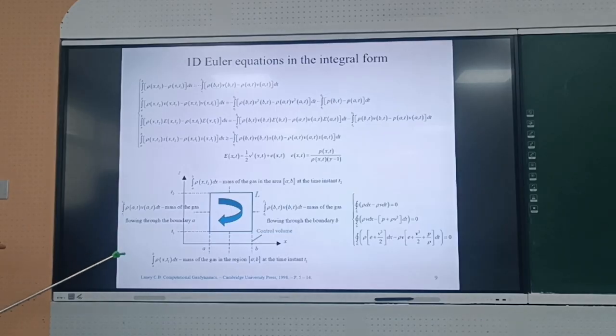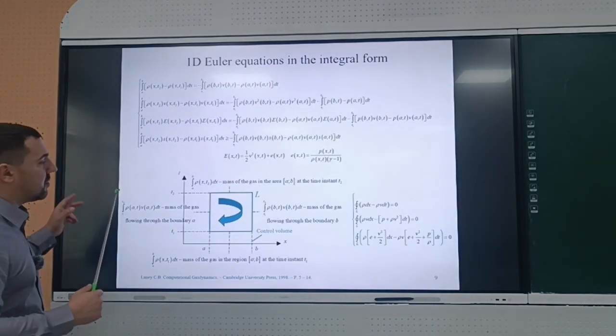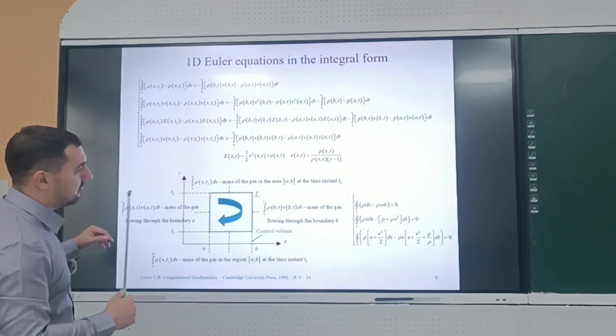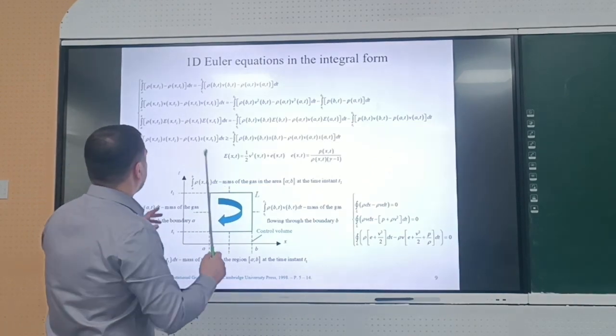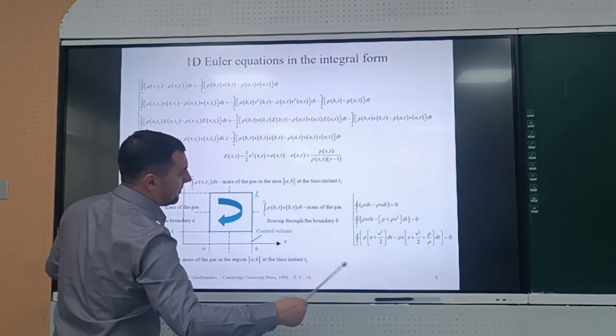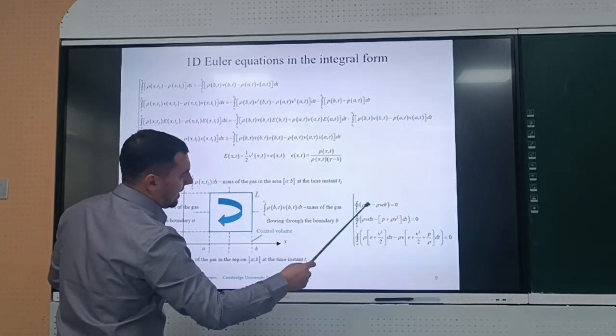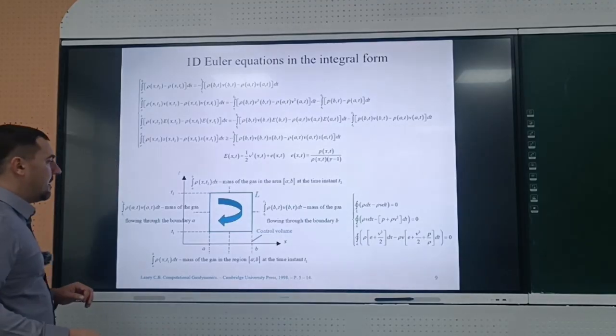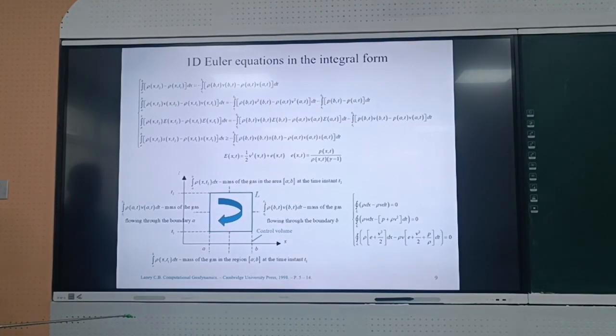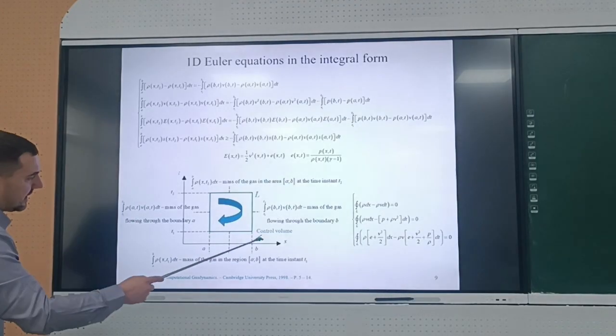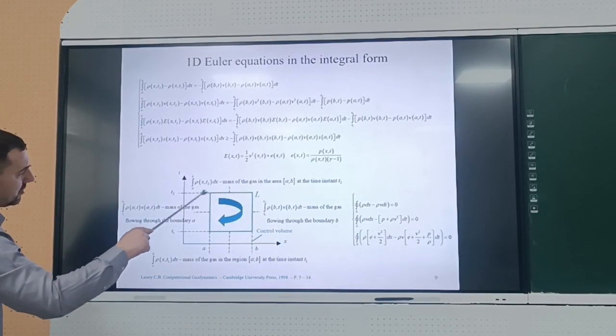And it's also possible, using the same Green-Gauss formula, to write this general form for an arbitrary contour L for the mass, momentum, and energy conservation laws. Again, we can consider this xt space and choose some contour.